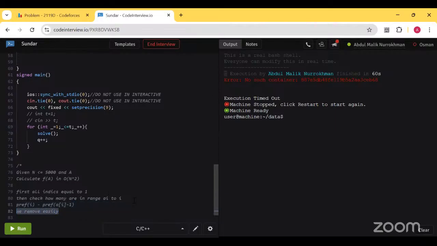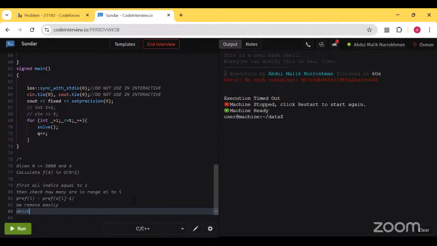Which index do we want to remove? Any idea about which index we want to remove?